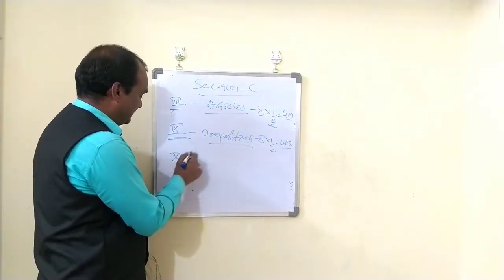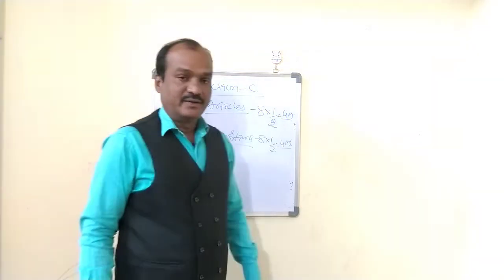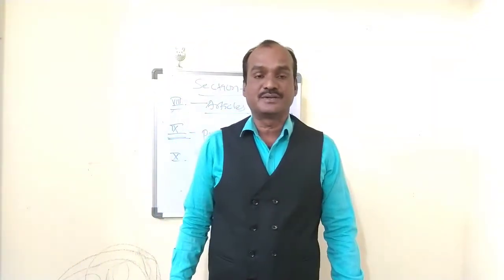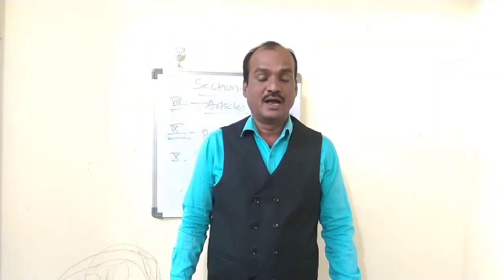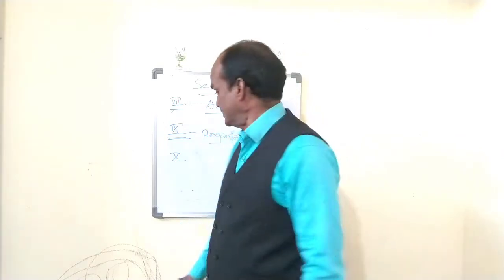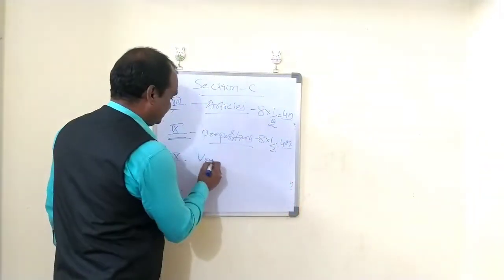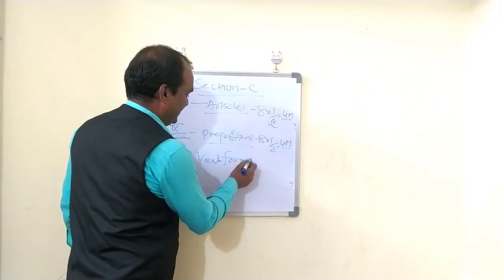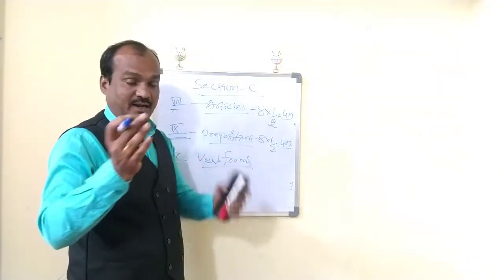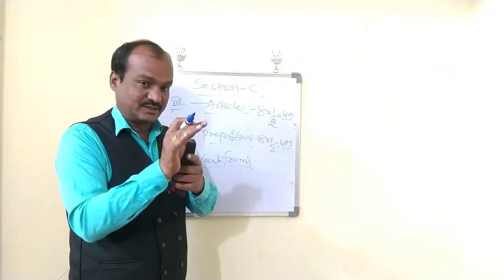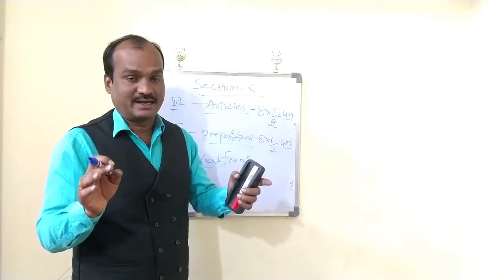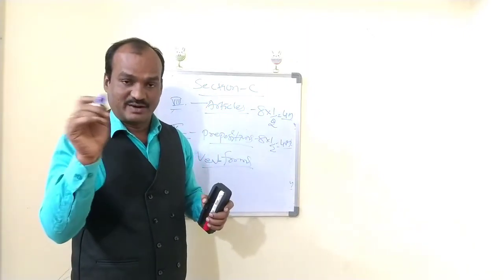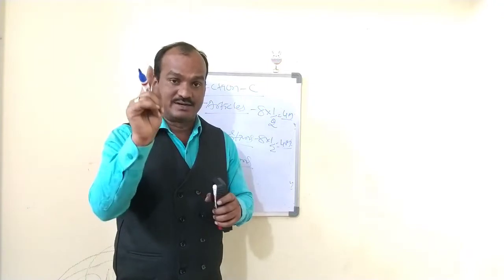Next, question number 10. Question number 10 is fill in the blanks with suitable forms of verbs given in brackets. That is verb forms. The topic here is verb forms. We need to discuss what verb forms are and how we need to fill in the blanks with the suitable forms of verbs given in brackets. In one bracket you will be given one verb.